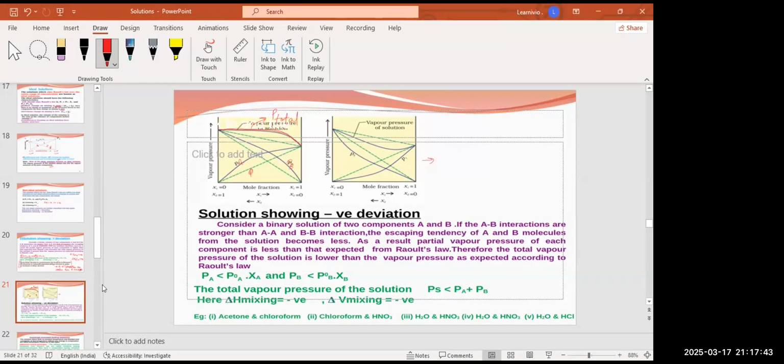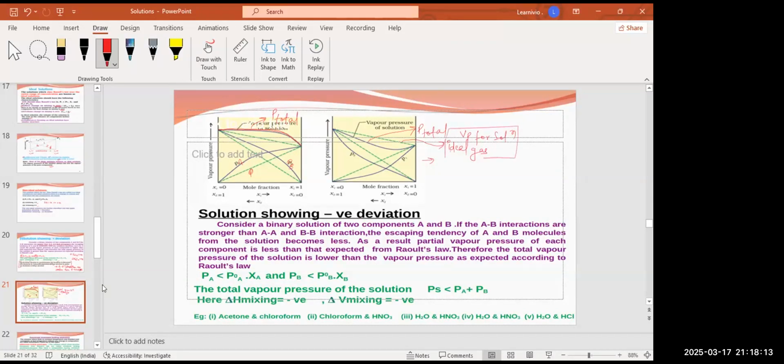And what happens in the negative deviation? The vapor pressure of the solution line is this, right? This is the vapor pressure of the solution, that is your P total. And this dashed line shows the ideal vapor pressure of the solution.